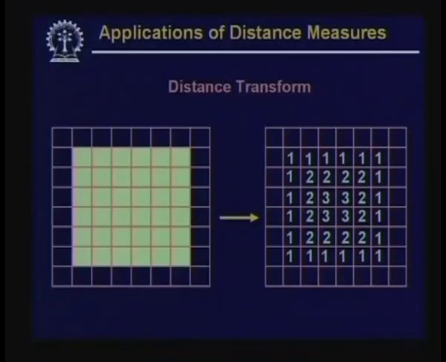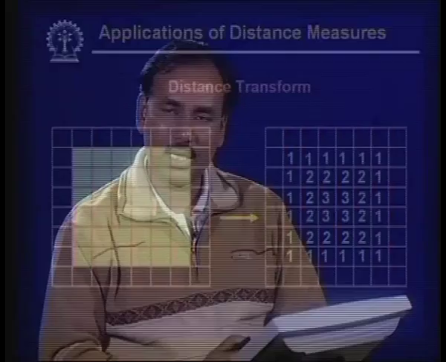The points inside the boundary points get a distance value equal to 2, and the points further inside get a distance value equal to 3. So the intensity value increases slowly from the boundary to the interior points. This is nothing but a gray level image which you get after performing the distance transformation.